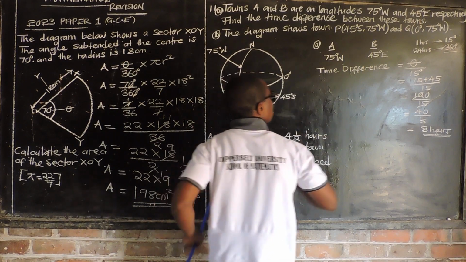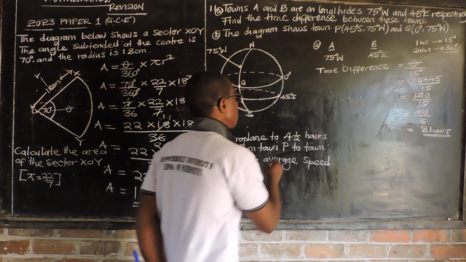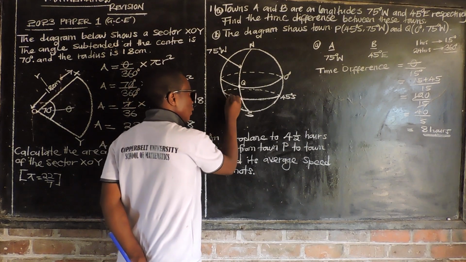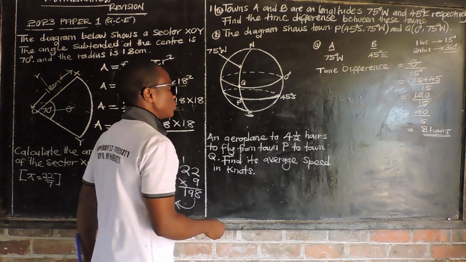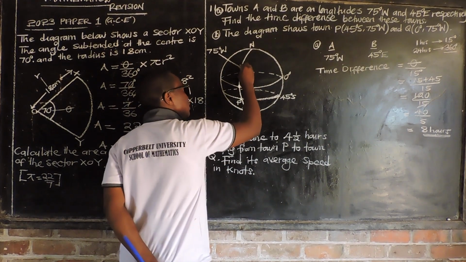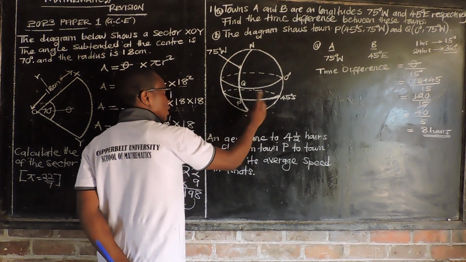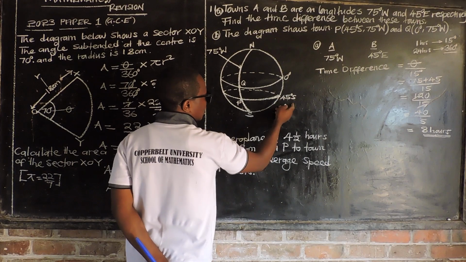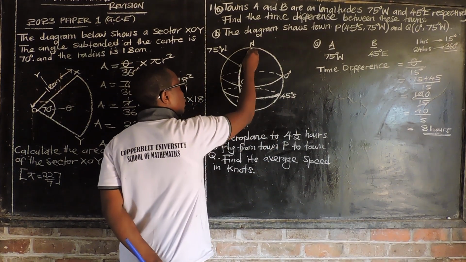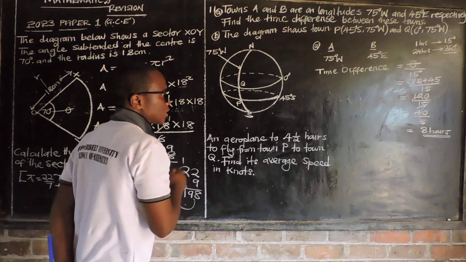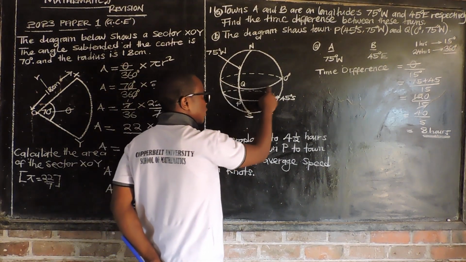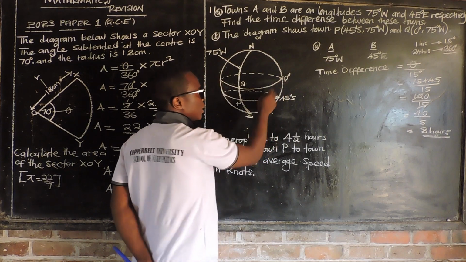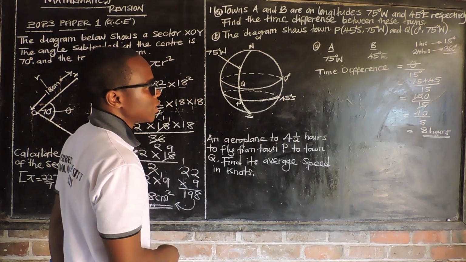The latitude for town P is 45 degrees south, then the longitude is 75 degrees west. And then town Q is on latitude 0 degrees, which is the equator.